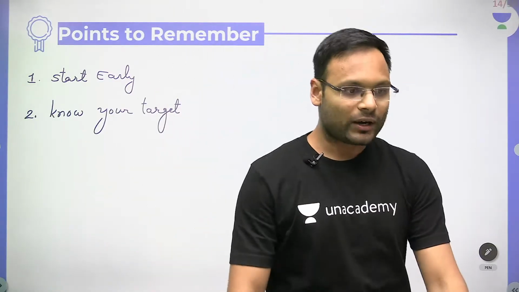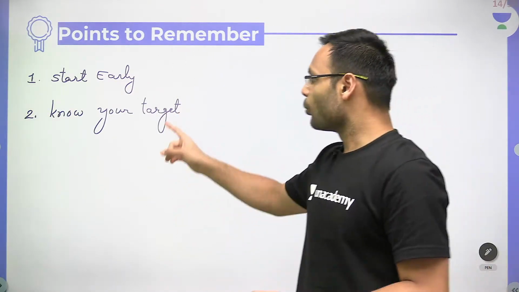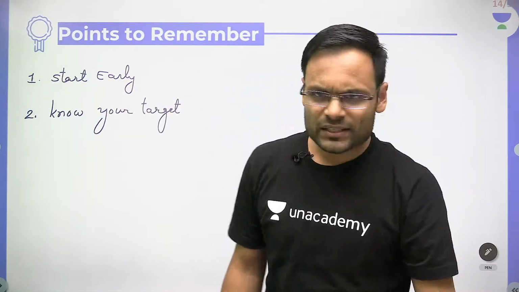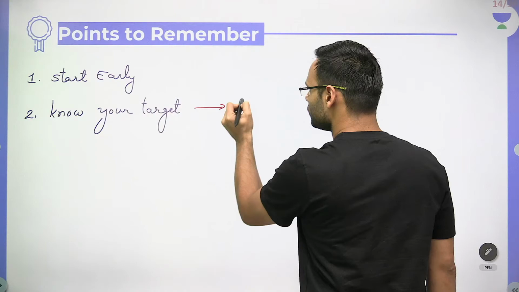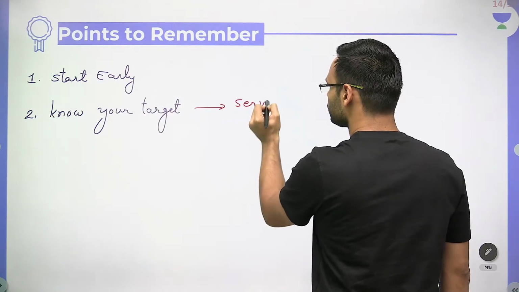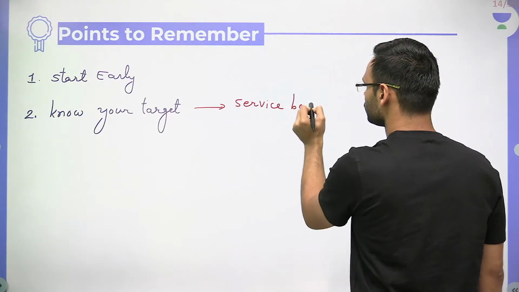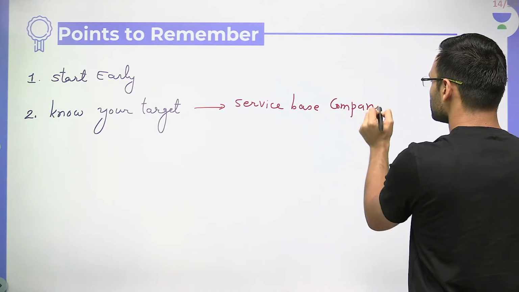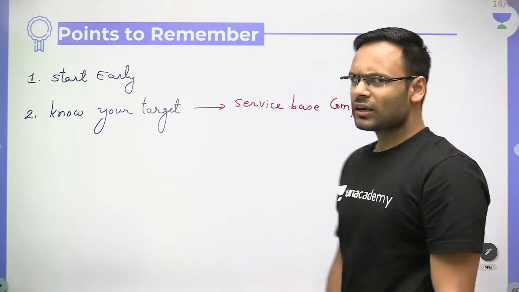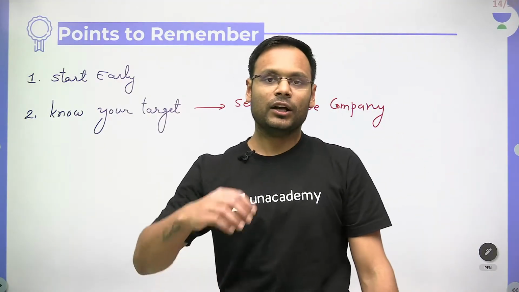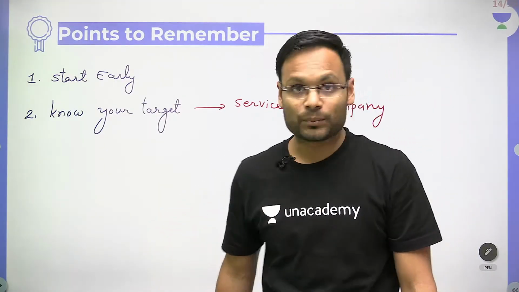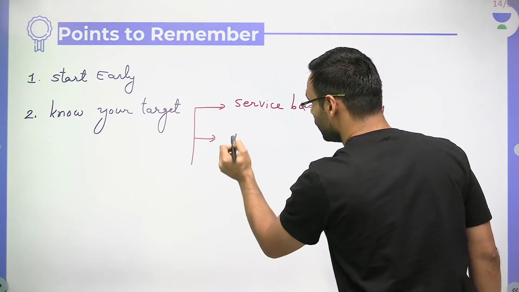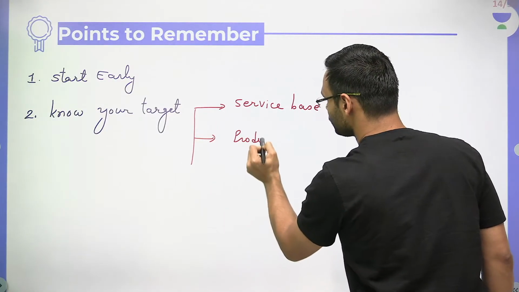Okay, now listen. What I was saying is know your target. What is your target? Are you targeting a service-based company like TCS, Infosys, Cognizant, Accenture, and so many such companies which are coming to the college for placements? Or are you targeting product-based companies?